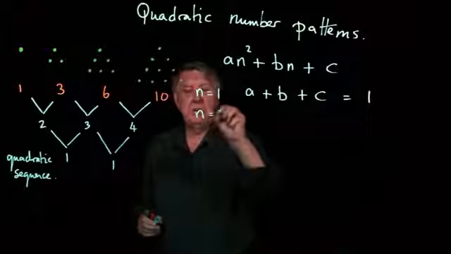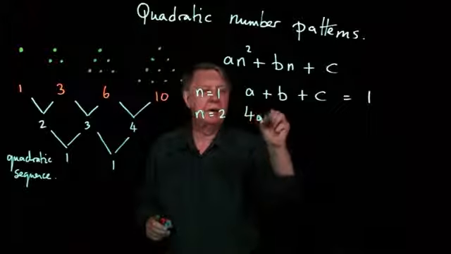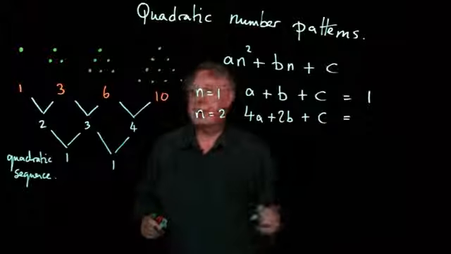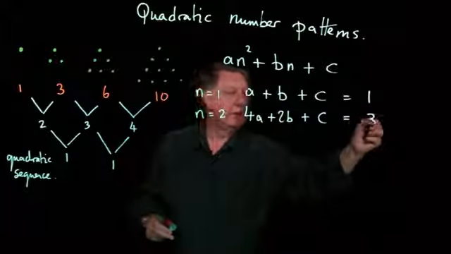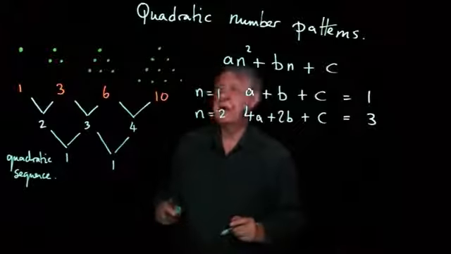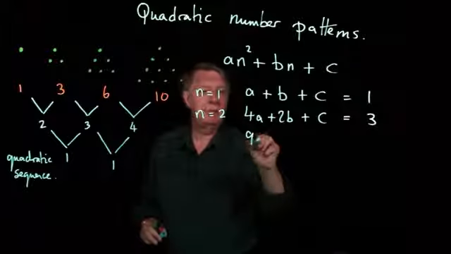The second number, n equals 2, 2 squared is 4, gives me 4a plus 2b plus c. What is the second number? It's 3. And then the third number, which is 6, 3 squared is 9.